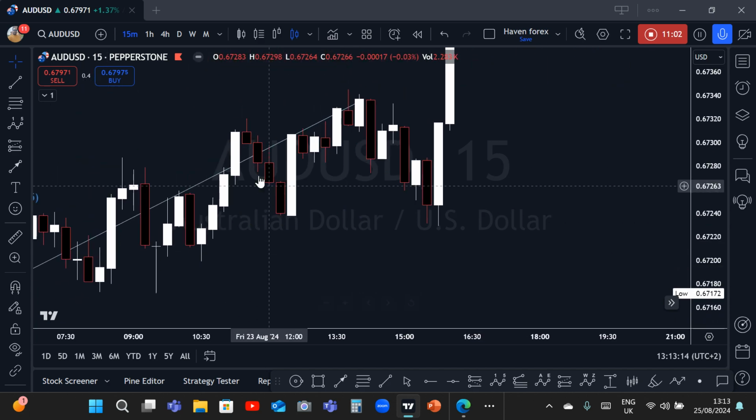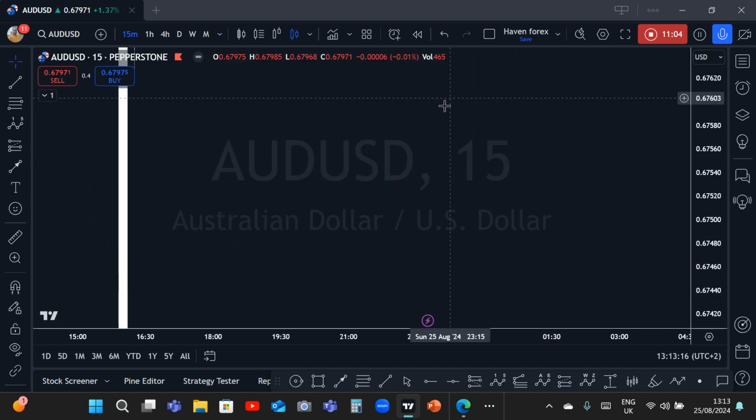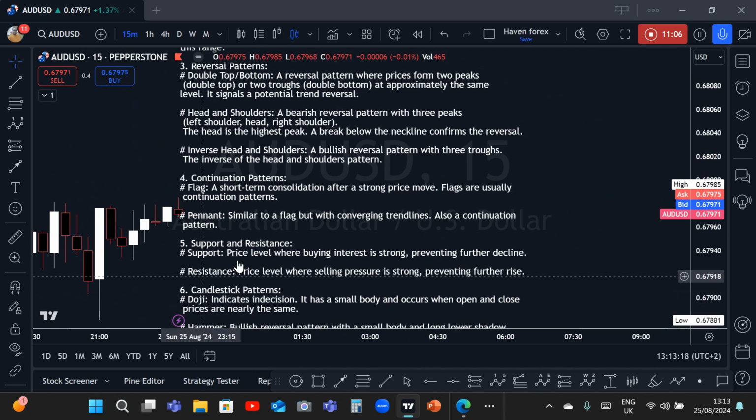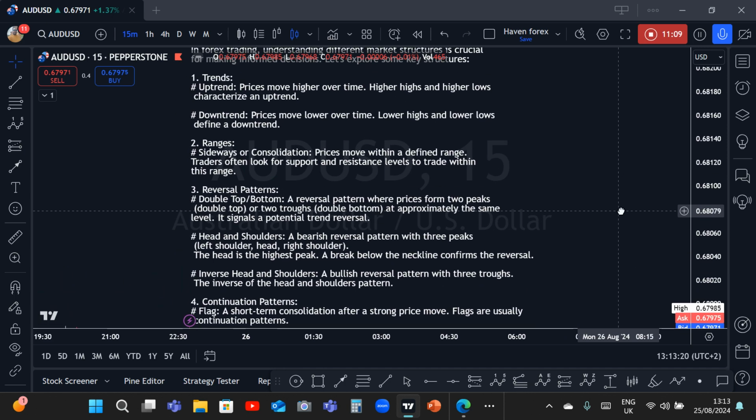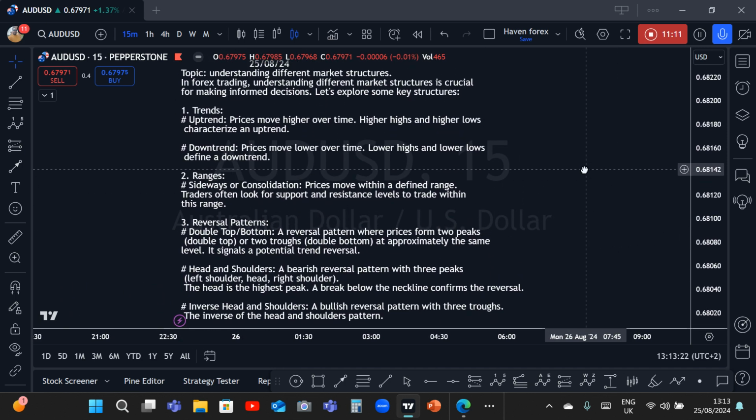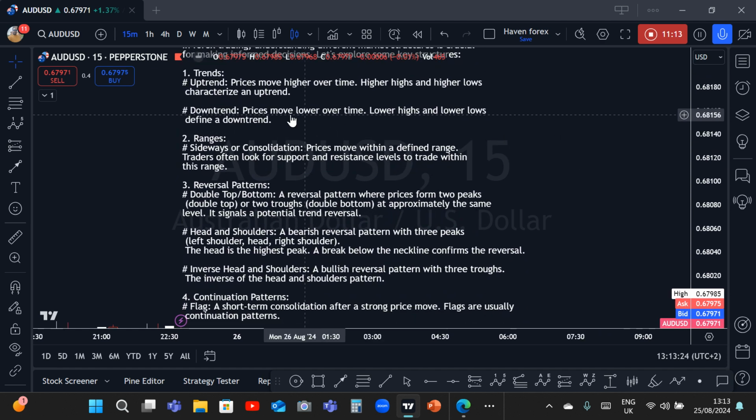The same thing applies when it's a downtrend. It's very simple because we have so many to deal with. Because of time, I need to speed up a little. So the character of an uptrend is when you see a trend making higher highs and higher lows. What does that mean if a trend is an uptrend?